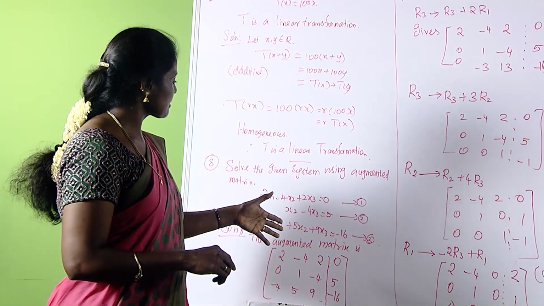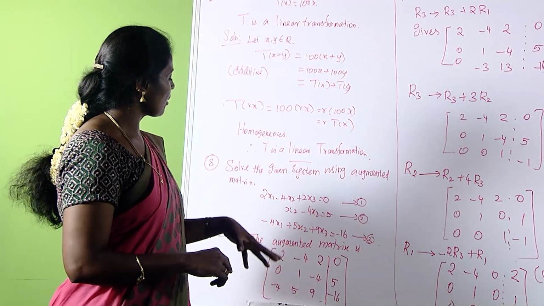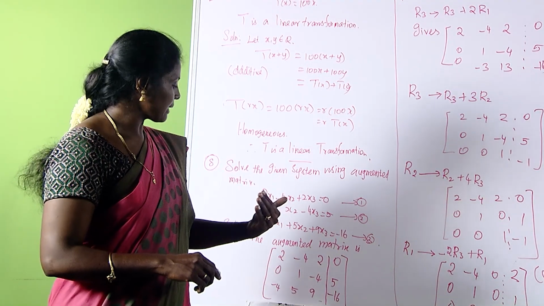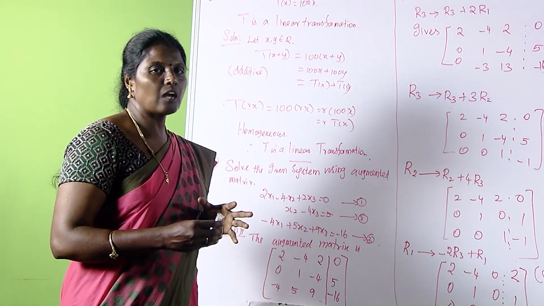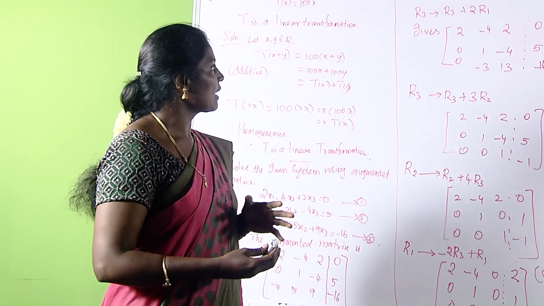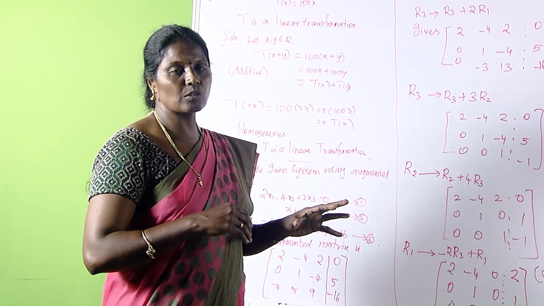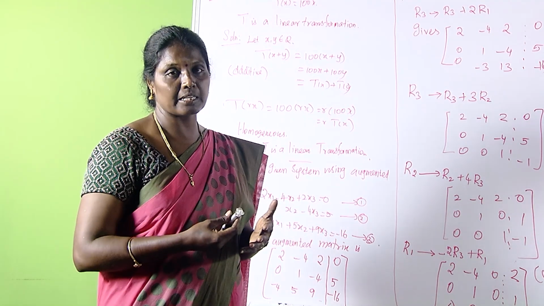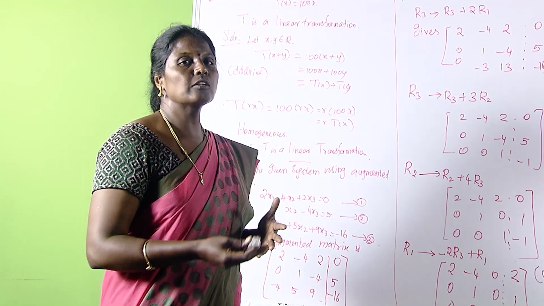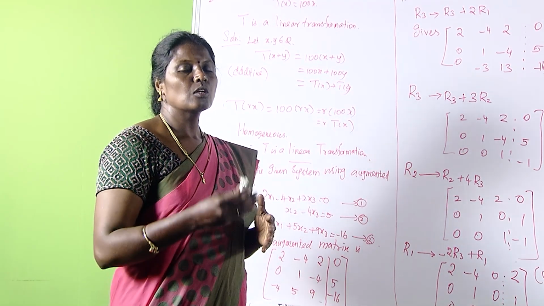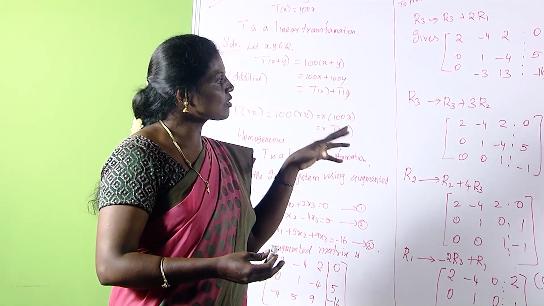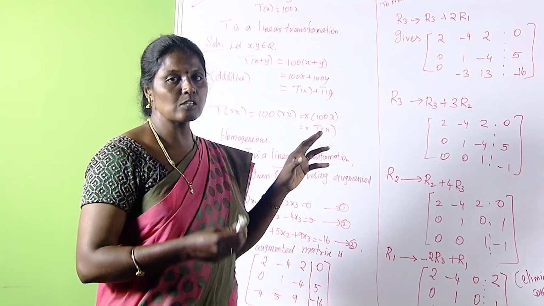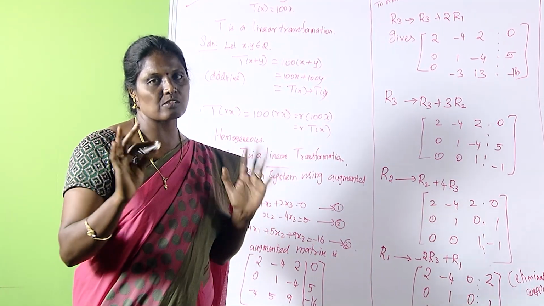This is the given system of equations. We are going to solve this using the augmented matrix. First, we write the augmented matrix and convert it into either row echelon form or column echelon form. Here we convert it into row echelon form, and from it we calculate the solution of x1, x2 as well as x3.